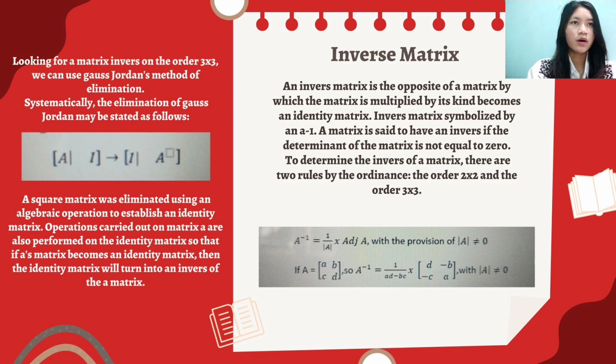The operations carried out on the matrix are also performed on the identity matrix, so that when the matrix becomes an identity matrix, the identity matrix turns into the inverse of the matrix.